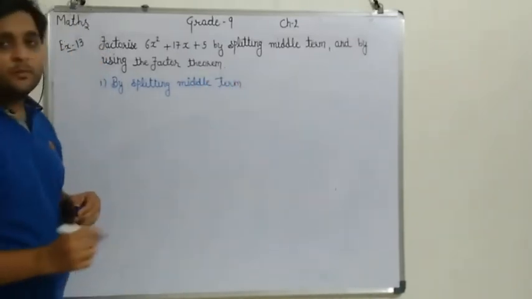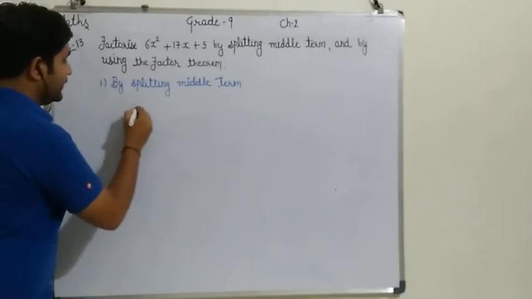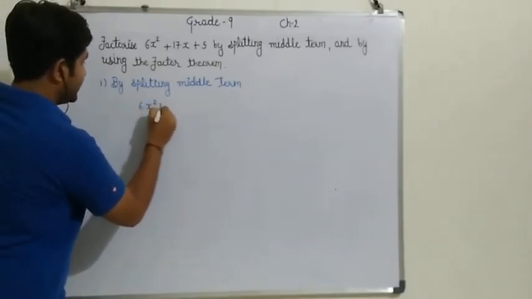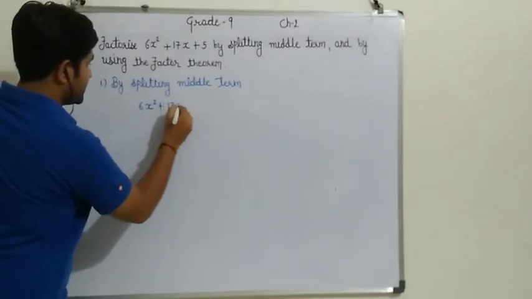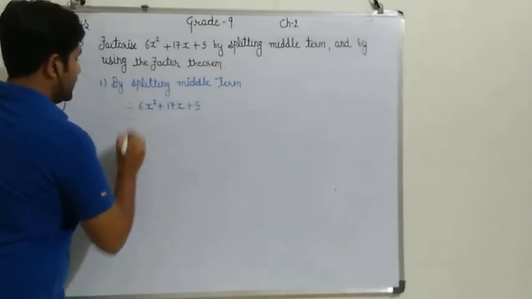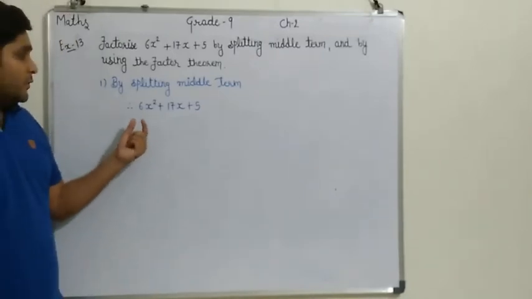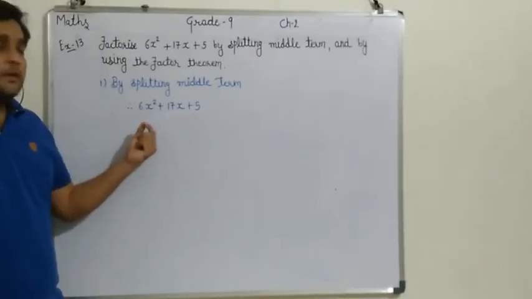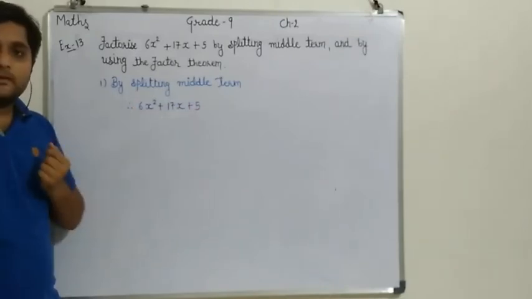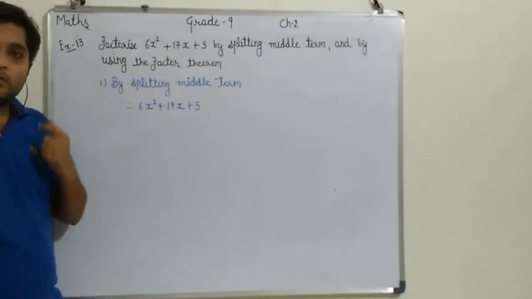By splitting the middle term, let me write down the polynomial. In this polynomial, we multiply the coefficient of the first term and the coefficient of the last term.